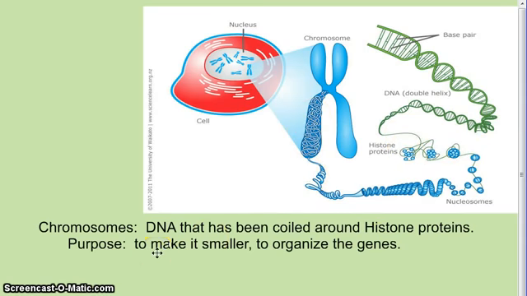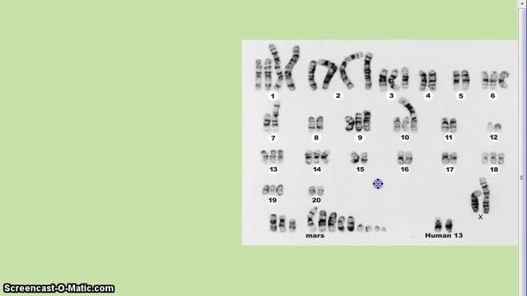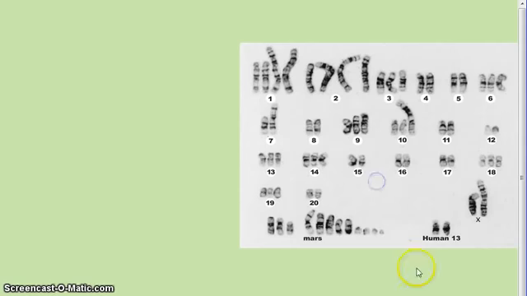The purpose of a chromosome, and this is another thing you need to understand, is to make the DNA itself smaller, to package it, and also to organize the DNA, well, specifically to organize the genes that are on the DNA into a specific region. And let me show you what that looks like. These are actual chromosomes taken out of the nucleus of a person, and you have two of each kind of chromosome.